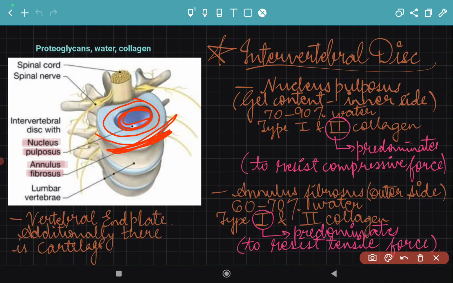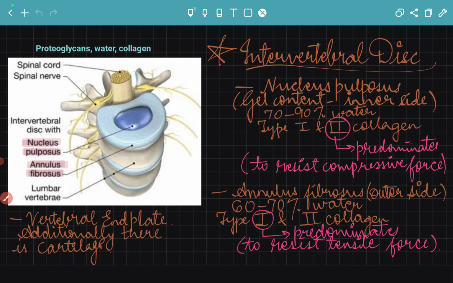This vertebral end plate contains proteoglycans, water and collagen like the other parts of the disc, but additionally it has cartilage. So this was the composition of the intervertebral disc: nucleus pulposus, annulus fibrosus and vertebral end plate.